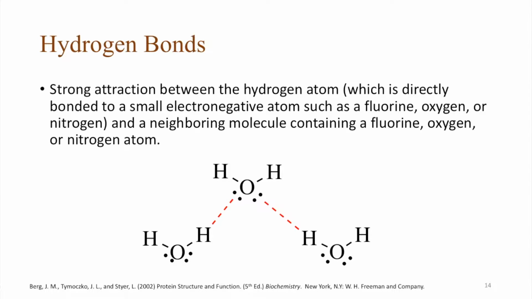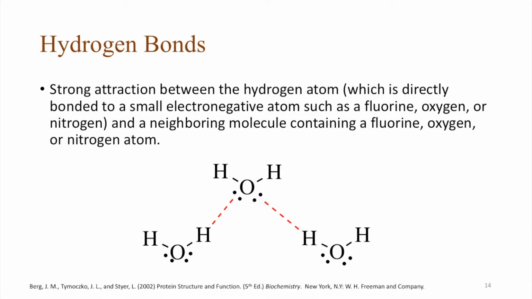The next interaction that we'll talk about is hydrogen bonds. Hydrogen bonds are strong attractions between the hydrogen atom and a neighboring molecule containing a fluorine, oxygen, or nitrogen atom.